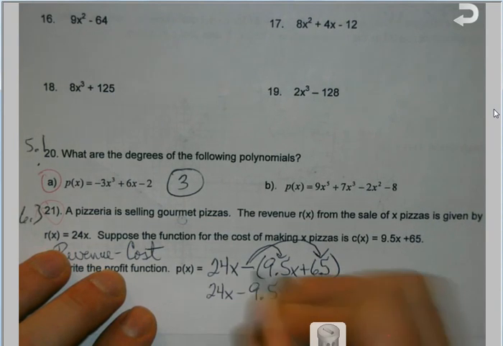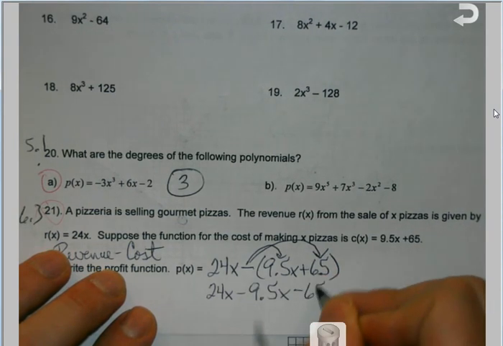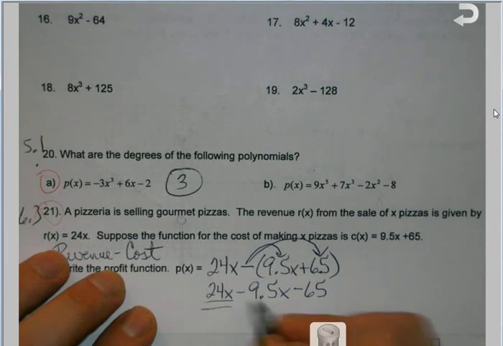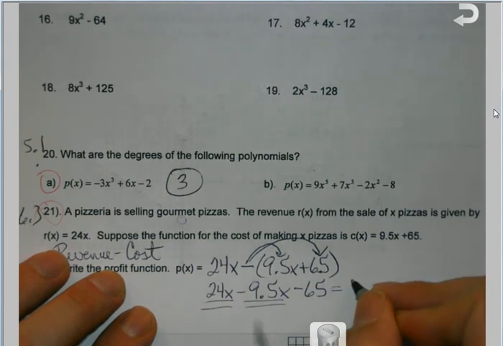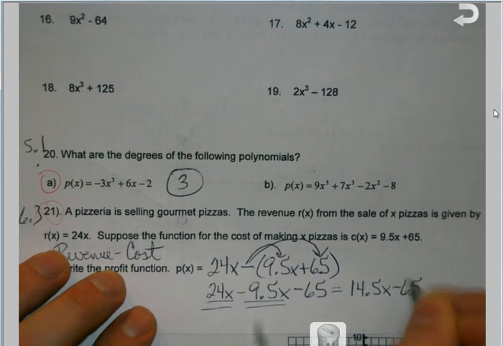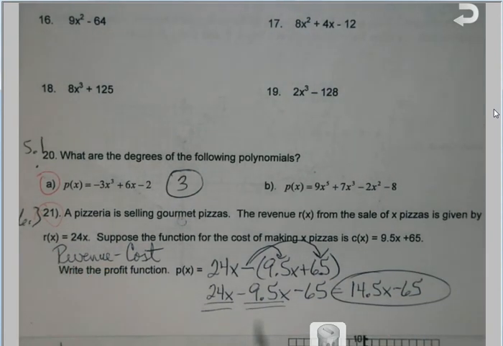Make sure that negative gets to both terms, even the 65. Then we just combine like terms, and that would be my profit function. I'm basically taking r of x and subtracting c of x. And that will bring our mini review 3 review to a wrap.